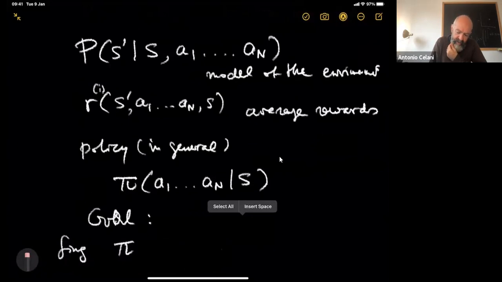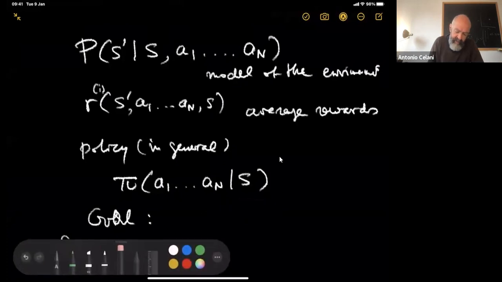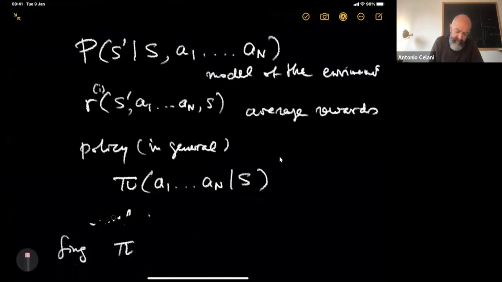So policy, yeah, this is a general way of defining a policy, which is the problem when you think that all actions can be taken together, by all agents in a coordinated way and simultaneously. But what we are more interested in is more specifically, so let me step back a second.